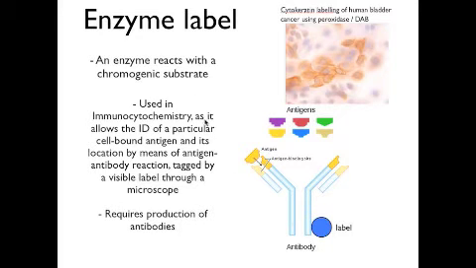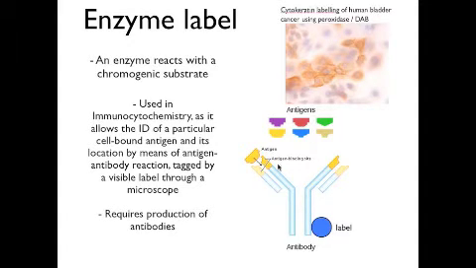So basically, if we want to find out where an antigen is in our body and to identify which one of what we are looking at is the antigen that we're interested in, we have the antigen. We need antibodies, so it requires the production of antibodies.